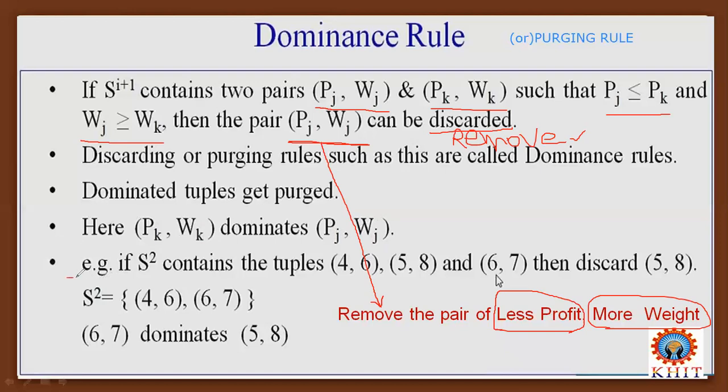Now let us consider a simple example of how the dominance rule or purging rule is applied to a given problem. Consider a sequence of four pairs: (4,6), (5,8), (6,7), (5,8).